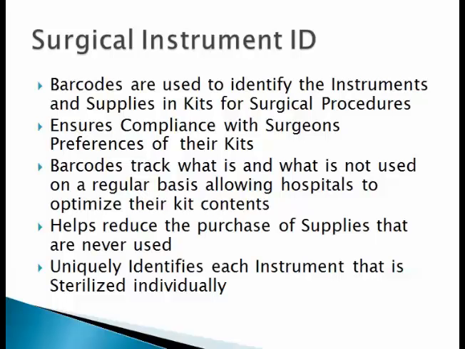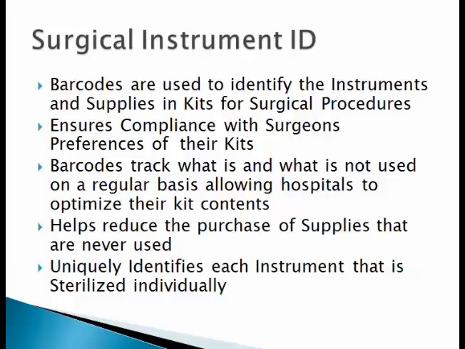Another area in the hospital where barcodes are used is in surgical instrument identification. Barcodes are used to identify the instruments and supplies in the kits for surgical procedures. Each surgeon usually has a preference kit of what they like in their room for a specific procedure, and barcoding helps identify the instruments.